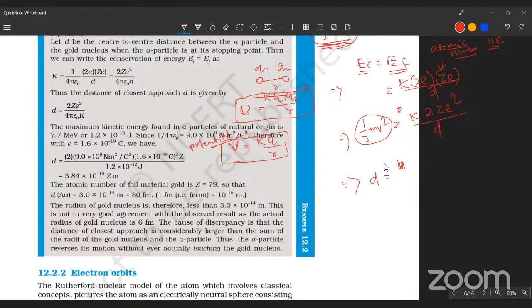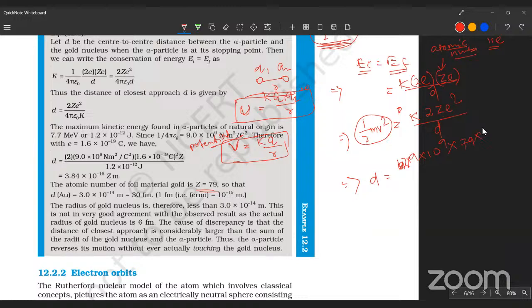So what we'll do, we can directly write K is 9 into 10 to the power 9. 2Z, what will be Z? It's a gold nucleus, because in the alpha particle experiment the nucleus is gold. The Z of gold is 79.